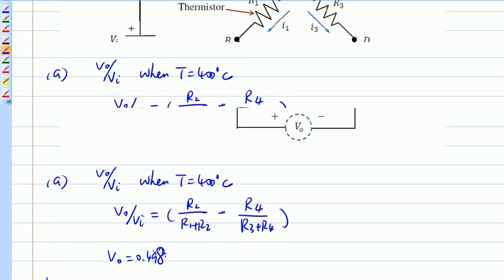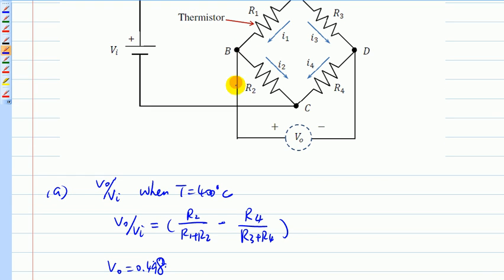Let's go back to the diagram here. So you're going to use a voltmeter to measure this VO here. If this voltmeter is not ideal, which means there's a certain limited value of internal resistance, in this case Rin equal to 10,000 ohm, now you will have this loading error.